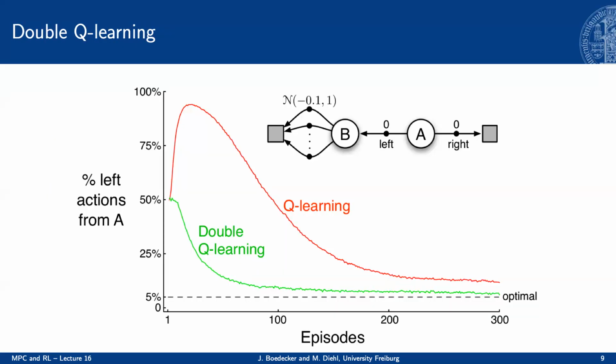Sample 5%. Good question. I would think that this is maybe because you're doing epsilon greedy. In order to maintain exploration, you should actually sample some suboptimal values. That would probably be an explanation, that you maintain some exploration by epsilon greedy.